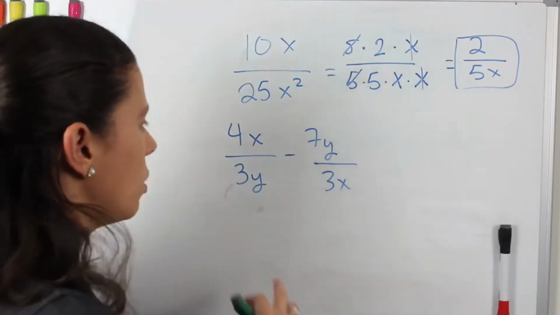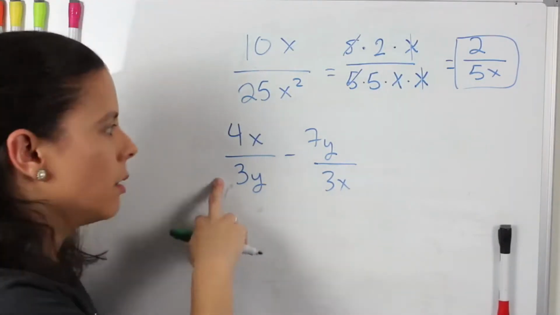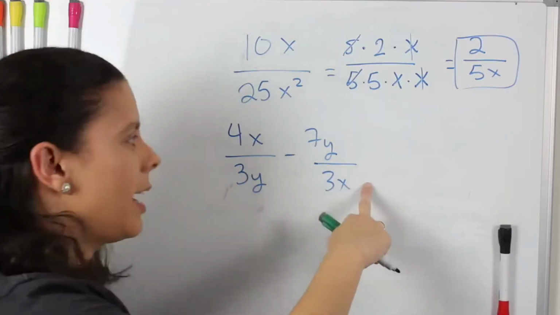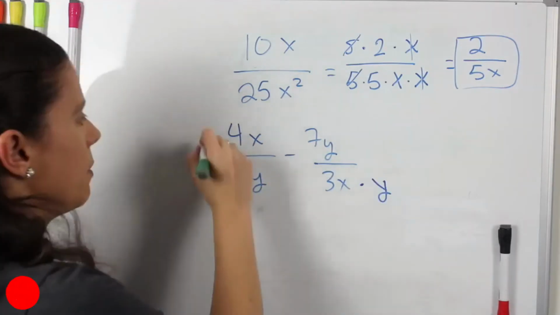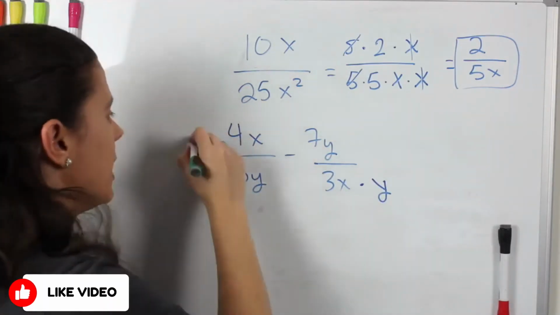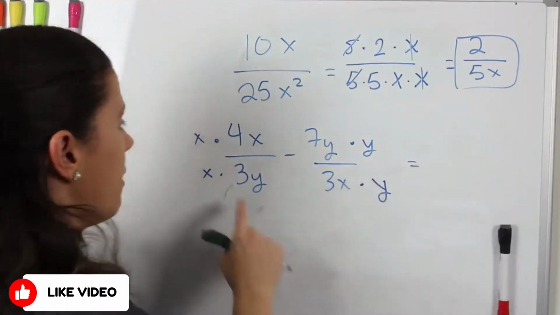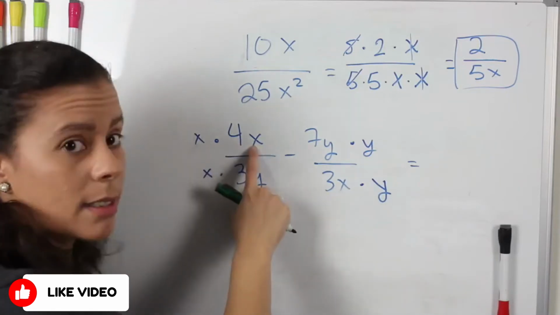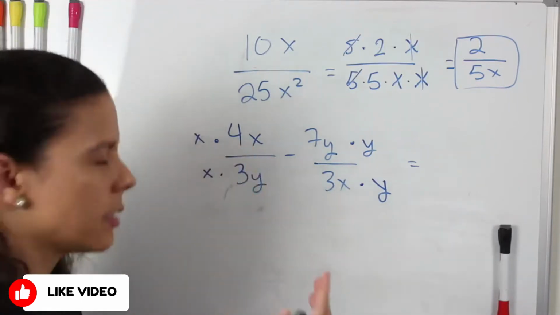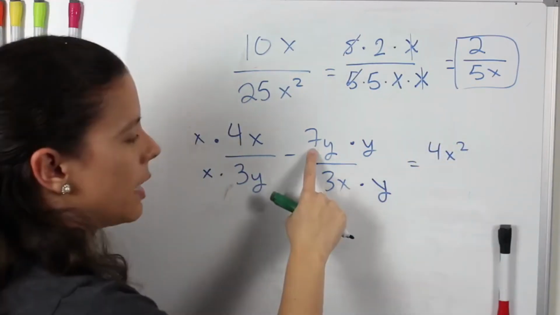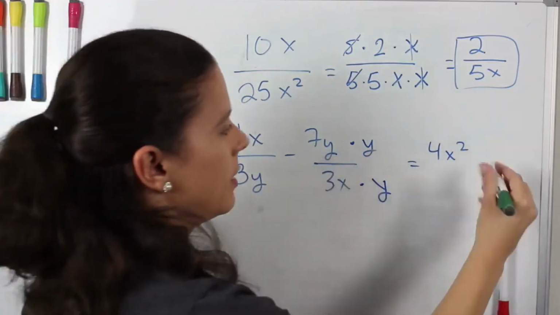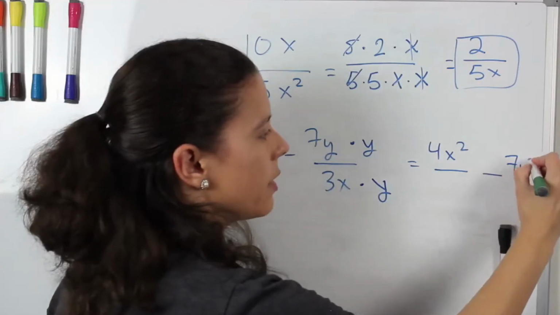So what do we do? We multiply on this side times x, we multiply on this side times y, and then we have 3 times x times y and 3 times x times y. Ta-da! But remember, you have to do it at the top too. Now we have 4 times x times x, which is 4x squared, and 7 times y times y, which is 7y squared.